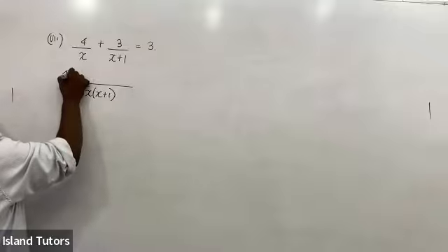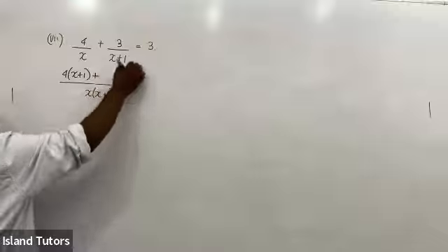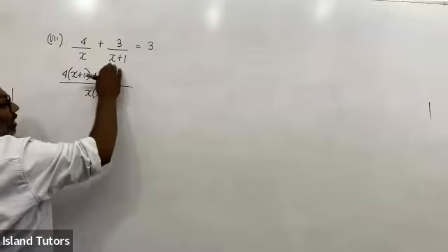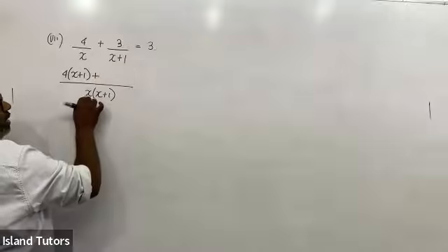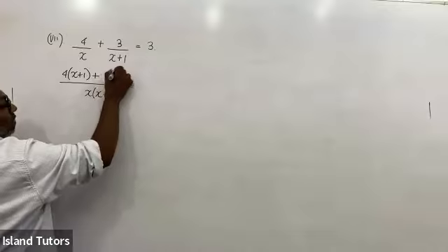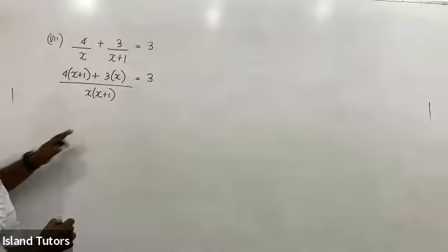So 4 into x plus 1, plus this side of your fraction, already x plus 1 is there, so you need to multiply by x. So 3 multiplied by x, is equal to 3.